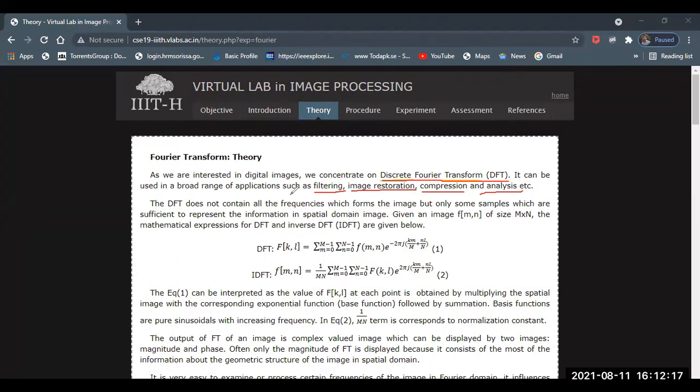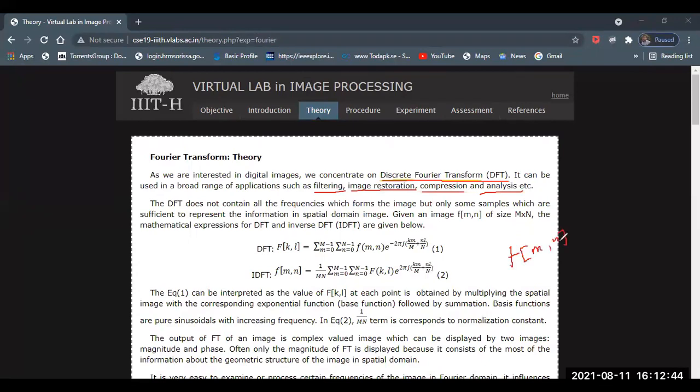Some portion of the pixels, or certain pixels of the sample, will be converted into the frequency domain. That part will be sufficient to represent the information in the spatial domain. Now, for a given image, suppose this is my given f(n, n).